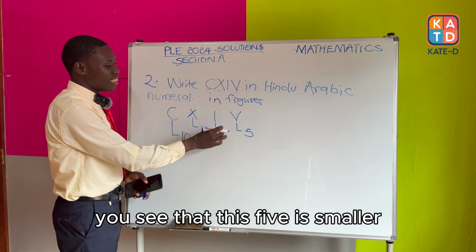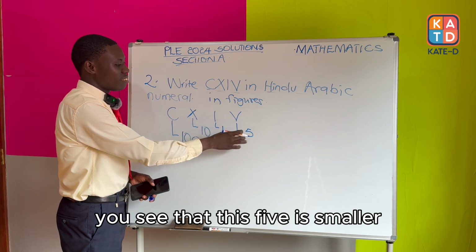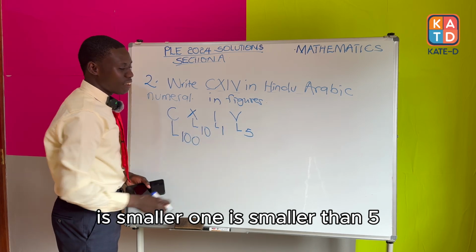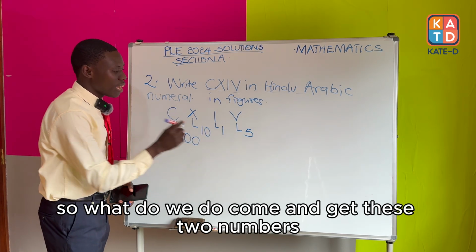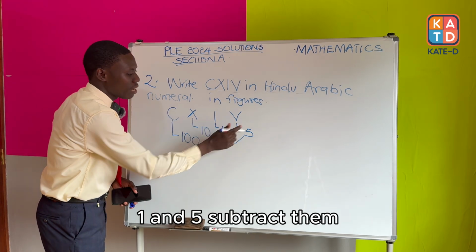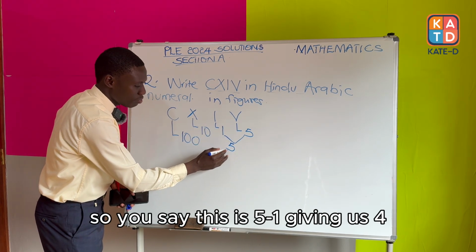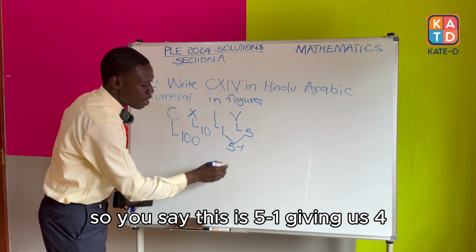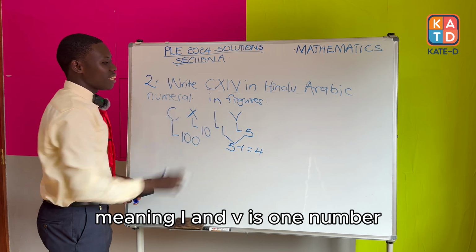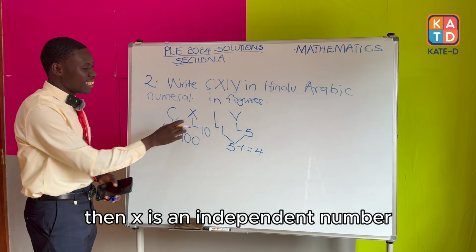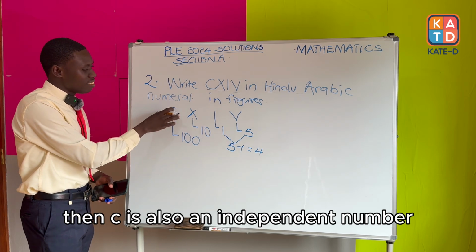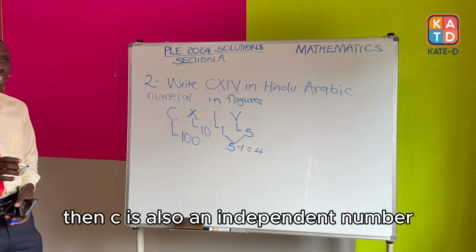You see that 1 is smaller than 5. So what do we do? Subtract them: 5 minus 1, giving us 4. Meaning I and V is one numeral. Then X is an independent numeral, and C is also an independent numeral.